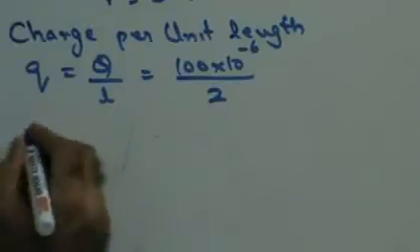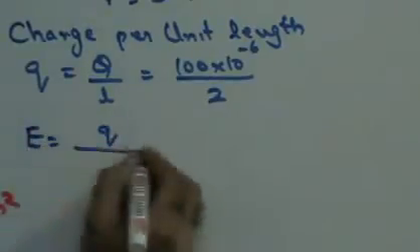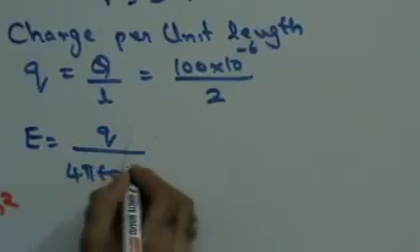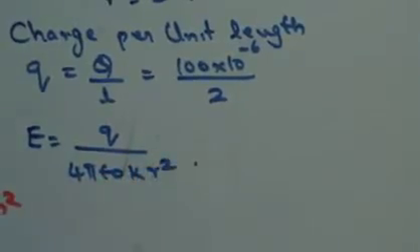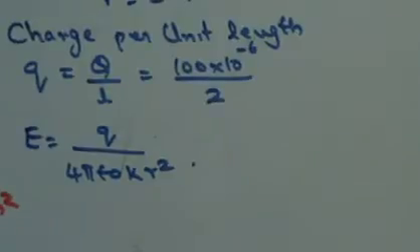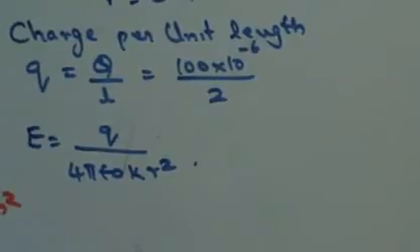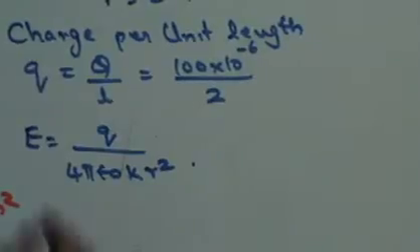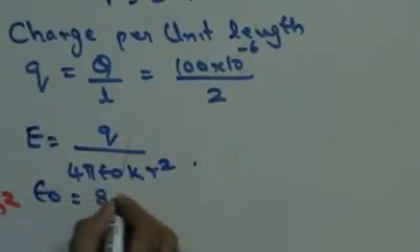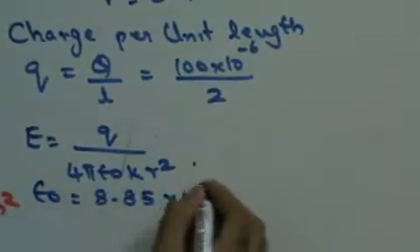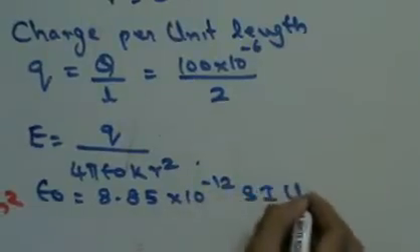Now, electric intensity is given by the formula Q upon 4 pi epsilon 0 K r square. I have all the values: Q I have, K I have, epsilon 0 I know by heart. Epsilon 0 is 8.85 into 10 raised to minus 12 SI units.